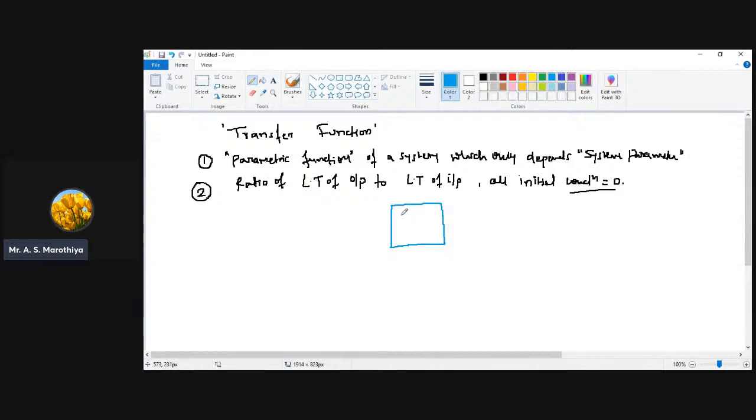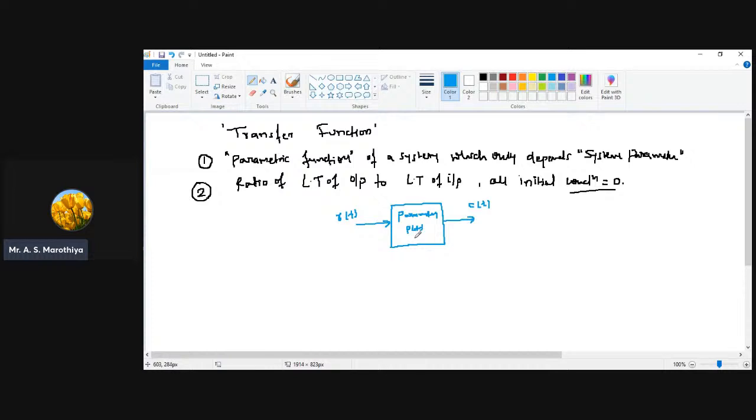So here we are having a parametric function, or you can write here we are having a system parameter indicated by symbol p of t. And to this system we apply some input in the form of excitation. Let us consider that it is going to be r of t, and corresponding to that the system is going to generate some controlled output in the form of response. Let us consider that it is going to be small c of t.